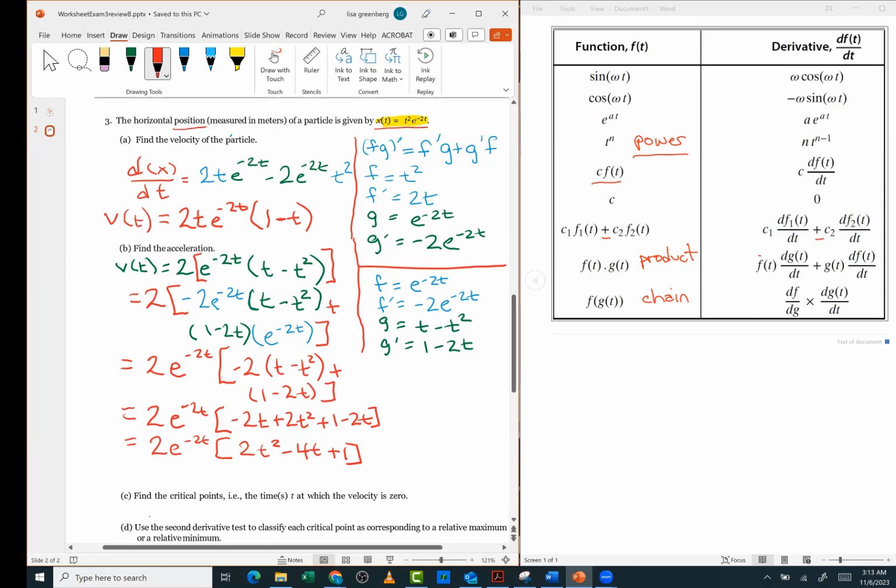And that is definitely as simple as it gets. That's my acceleration. That is a of t.